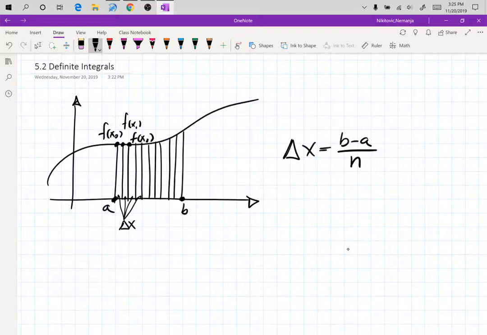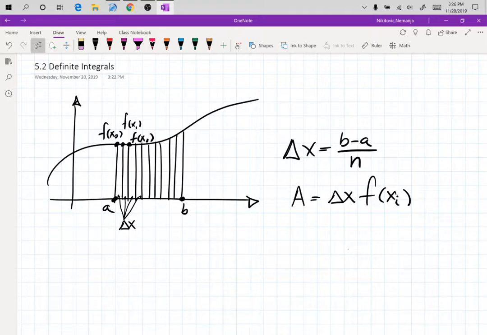And then once we had that, we said that we can calculate the area by multiplying width by the function height, and we use xi, where i was the counter, to tell us whether we're talking about the first rectangle, second rectangle, third rectangle, right?